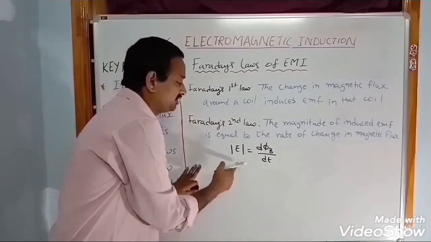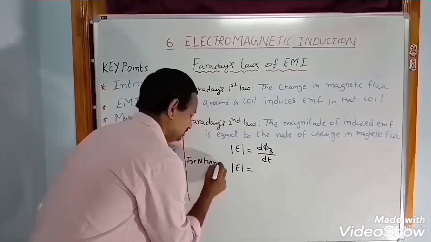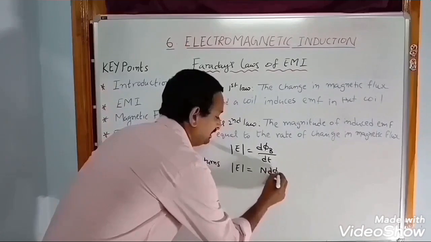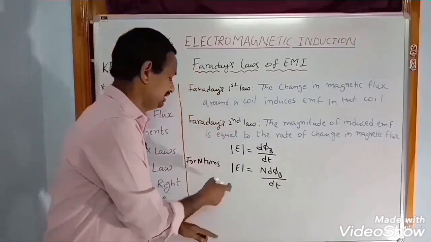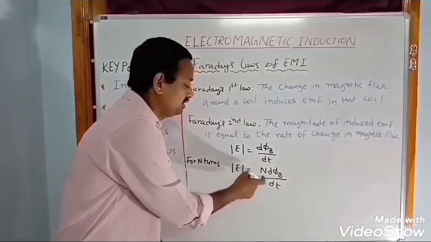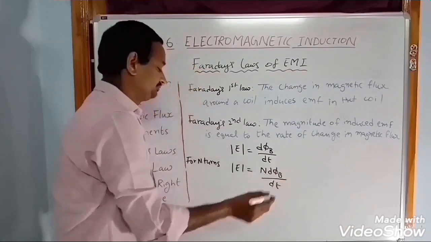It is for 1 turn. For n turns, modulus of E equal to n into d phi B by dt. It is for n turns.